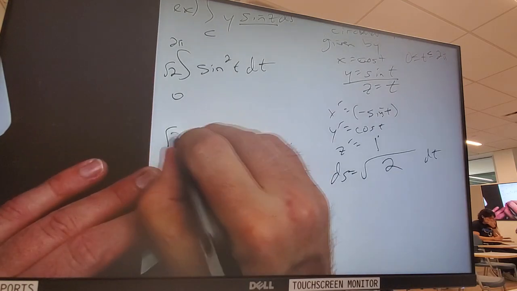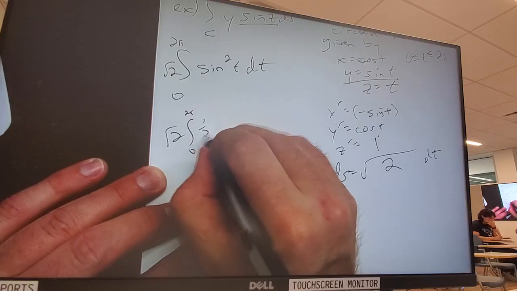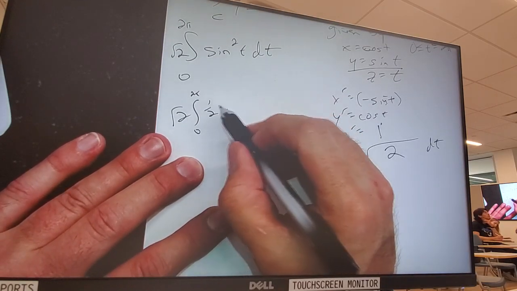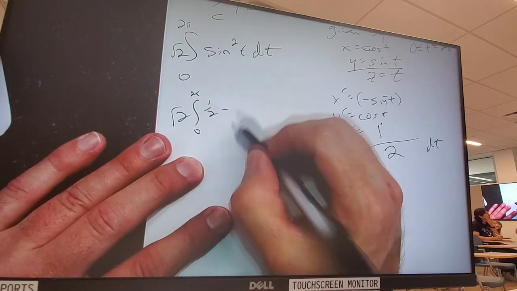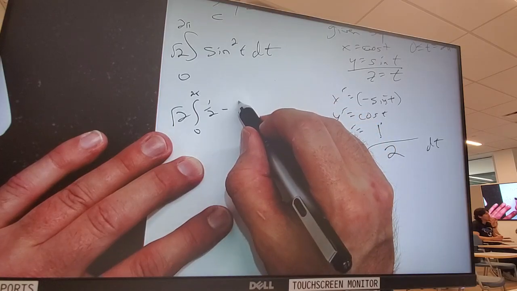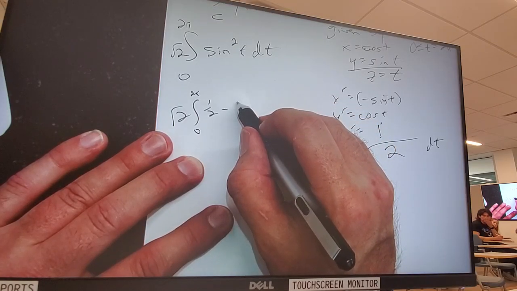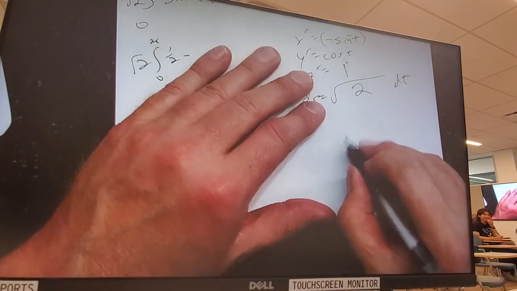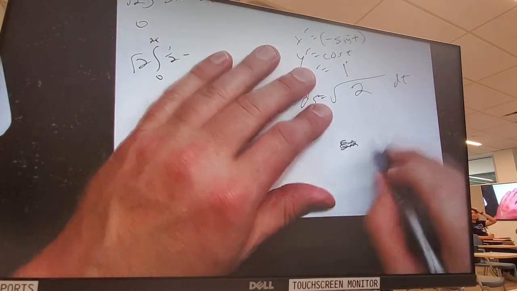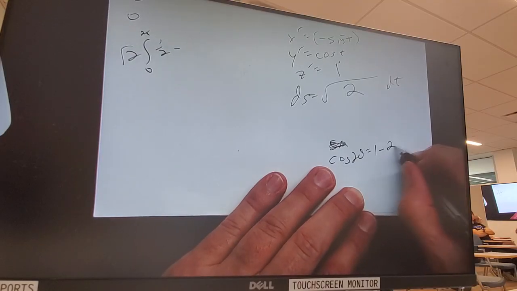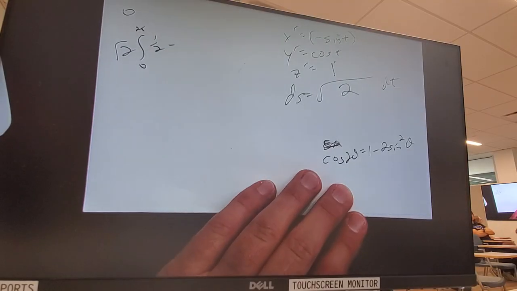So let's see. Root 2, 0 to 2 pi, 1/2 times 1 minus cosine 2 theta. Cosine 2 theta is equal to 1 minus 2 sine squared theta.